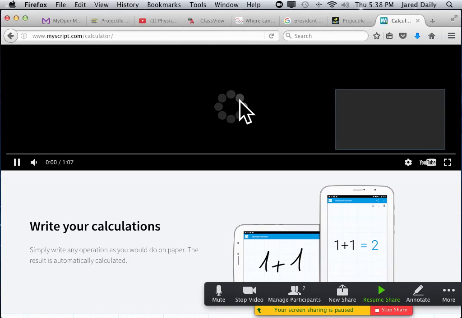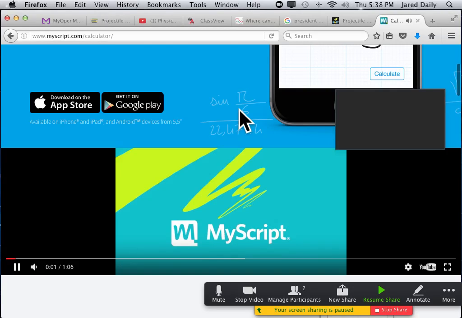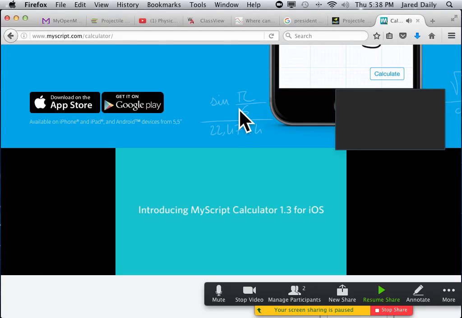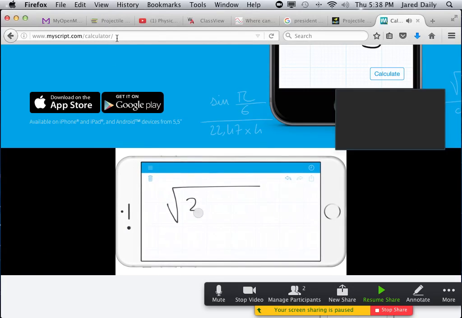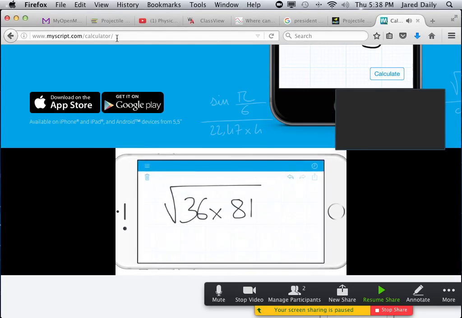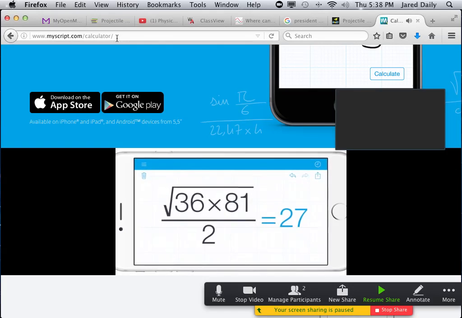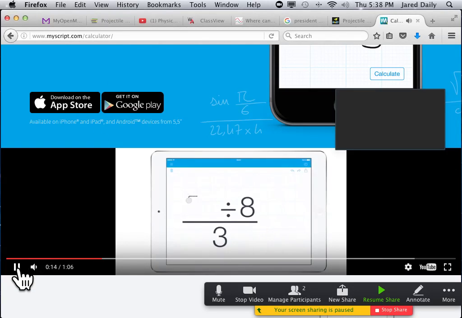Oh, it's where you can like draw. Yeah, you just draw your calculations and it converts them to math. I'll bet you they have this on there. I think I have one of those. I used to have it on my iPad. I can't remember if it's still on here, but I'm sure they do.